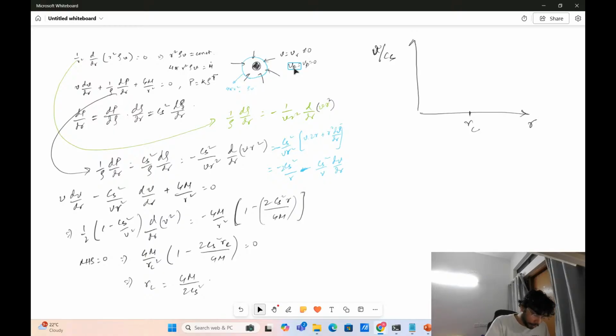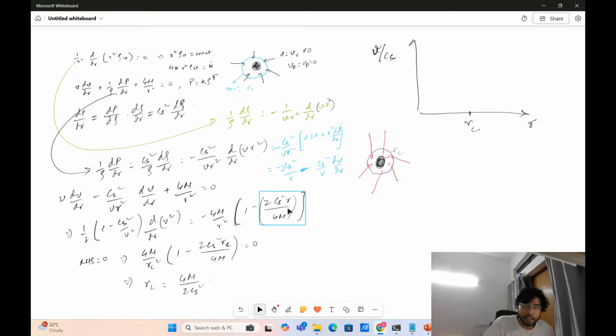So let me draw a simple diagram again. Matter is falling in, and let's say that this radius is my critical radius RC, and the matter is falling in from far into the black hole. So what is special at RC?